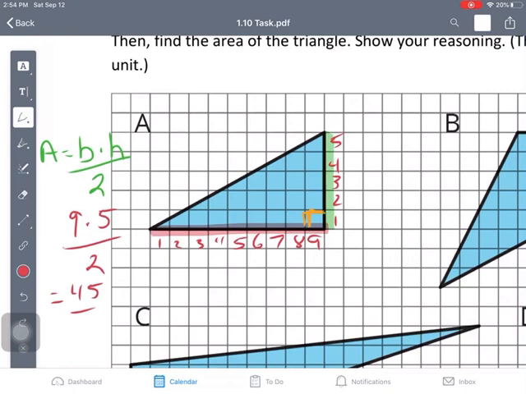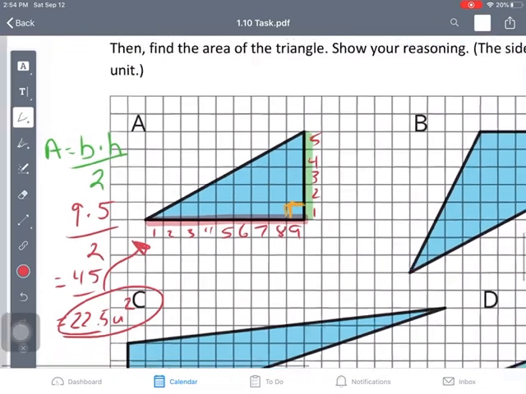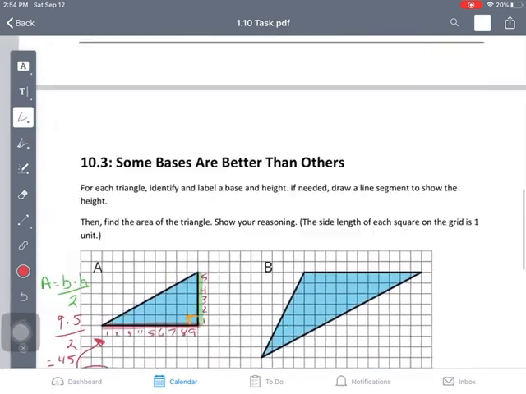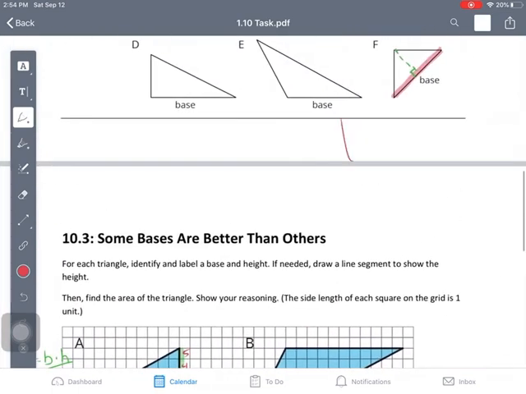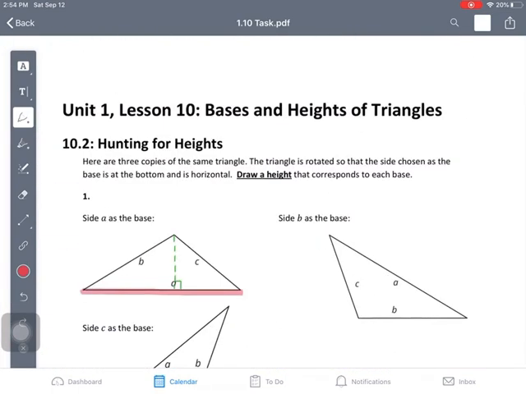And I know you guys can do the long division. So that would be 22.5 units cubed. Okay, that would be the answer for A. All right, so we're going to do that for all of those. And the other ones are a lot simpler. That's why I left more of that in there.